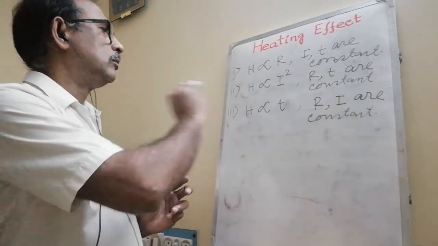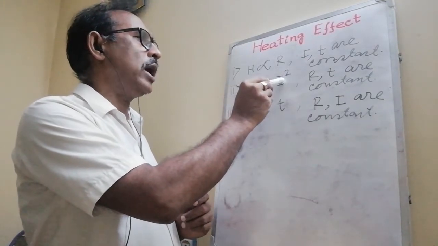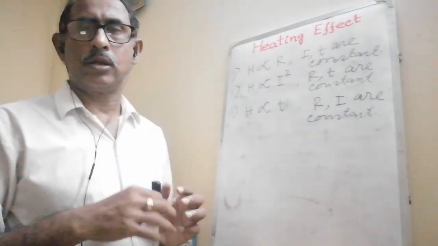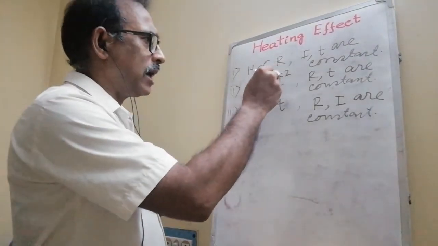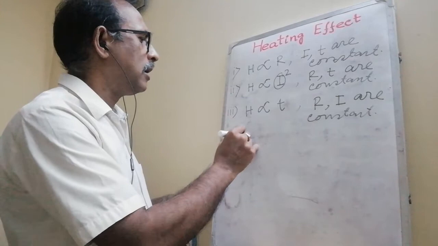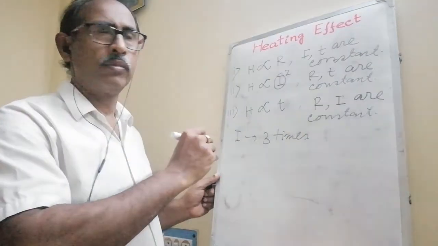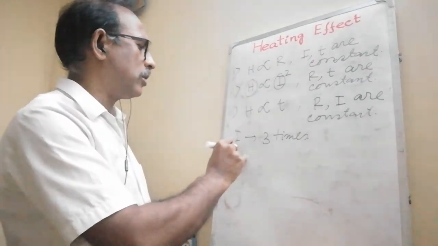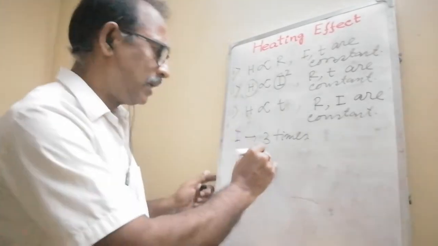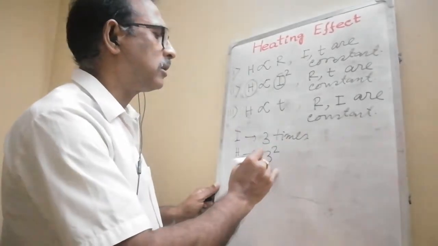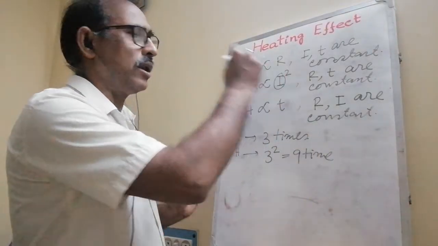Now, second law: the produced heat is directly proportional to the square of the current electricity. That means if this current I is increased by 3 times, then the produced heat H also increases, and it is increased by 3 square, that means 9 times, because it is a square.